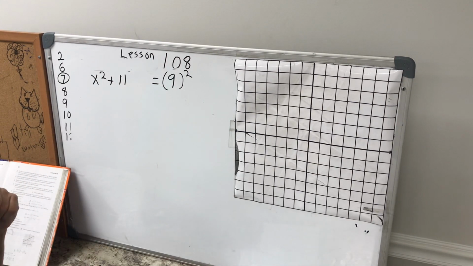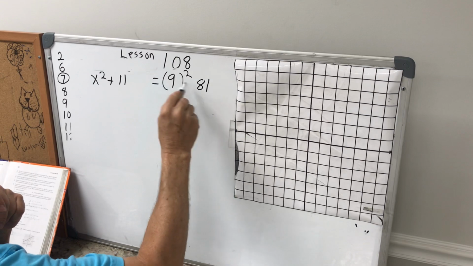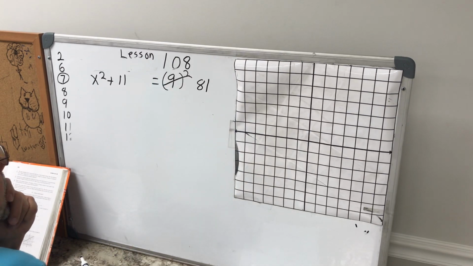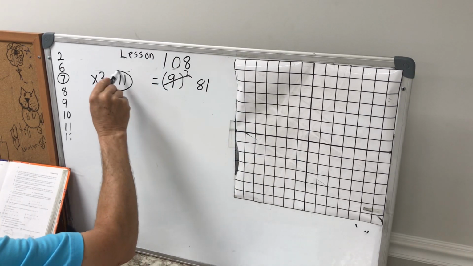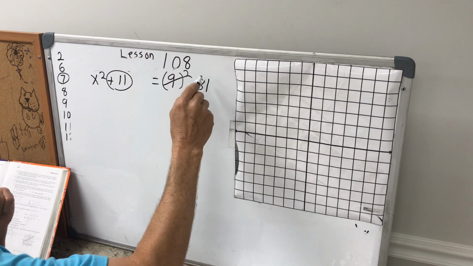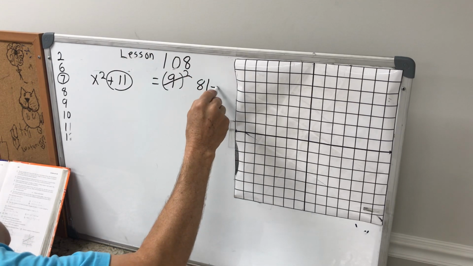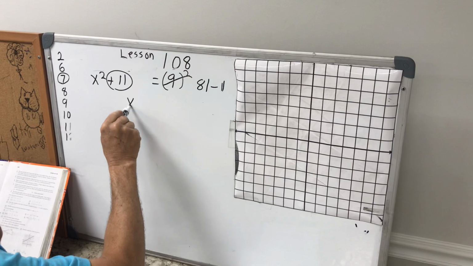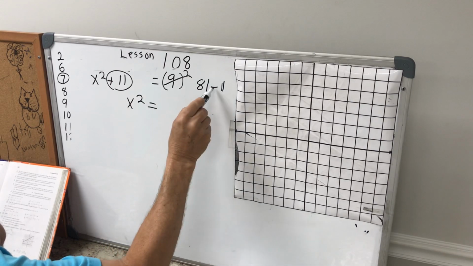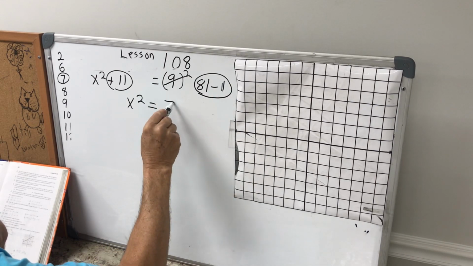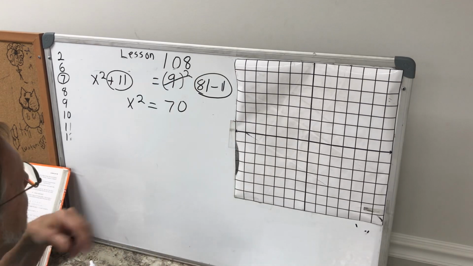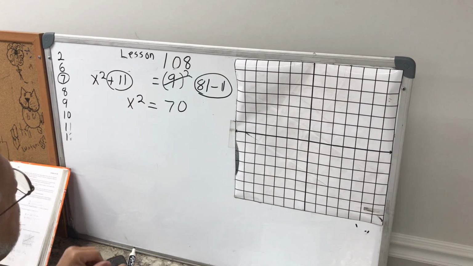So we have x squared plus 11 equals 9 squared, which is 81. Take this sign, put it on the other side, and this number, put it on the other side. That's a negative 11. We end up with x squared equals, what's the combination of that? 70.